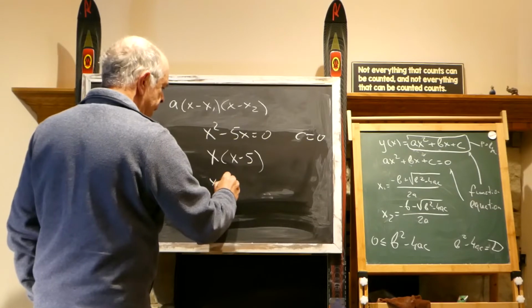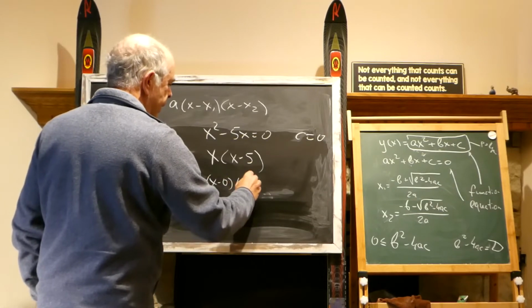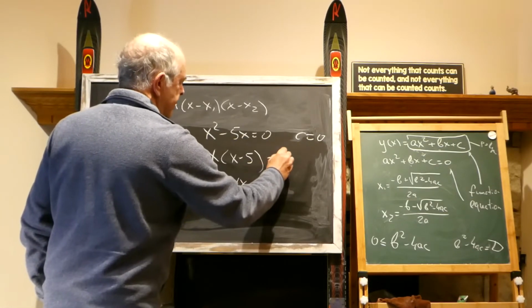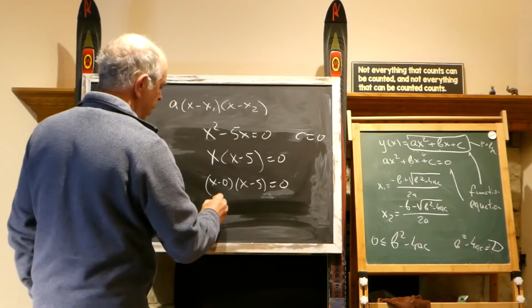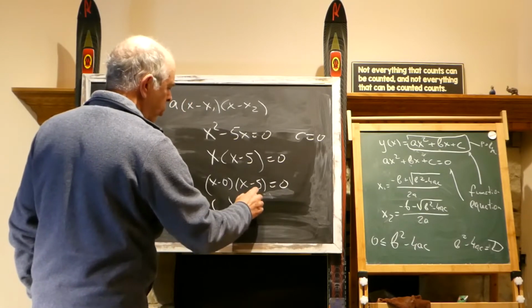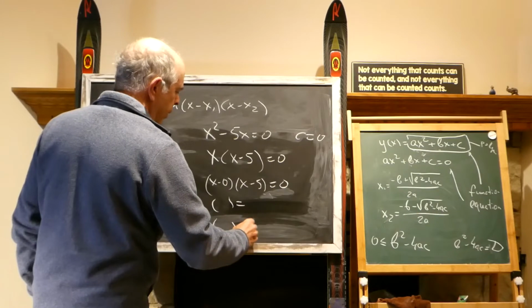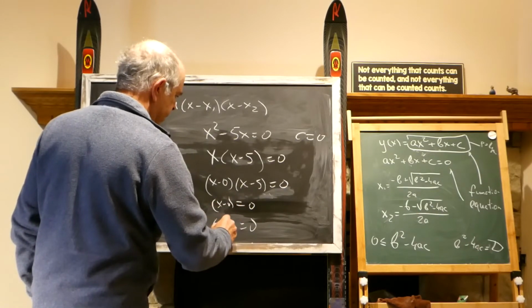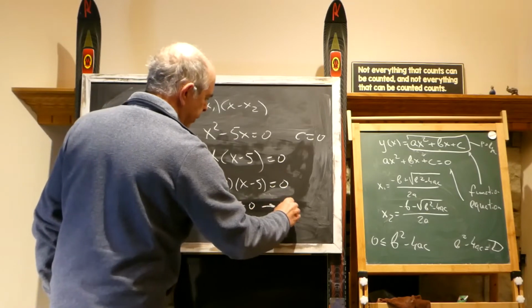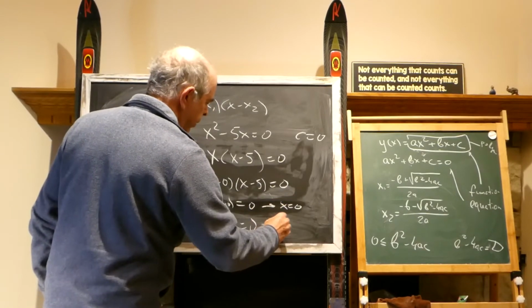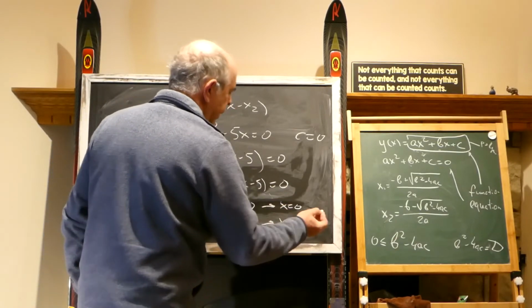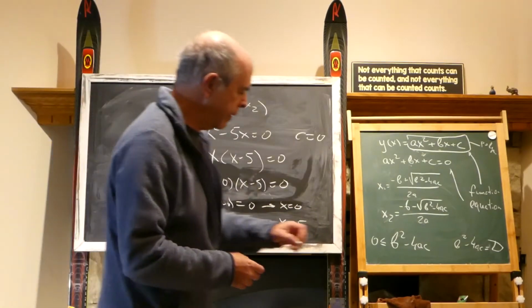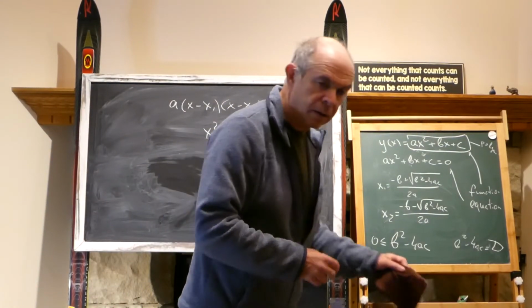And you can write x minus 0 and x minus 5, and either this bracket is 0 or this bracket is 0. And you have x equals 0 and you have x equals 5, and this is the only way when you can factorize, I think.